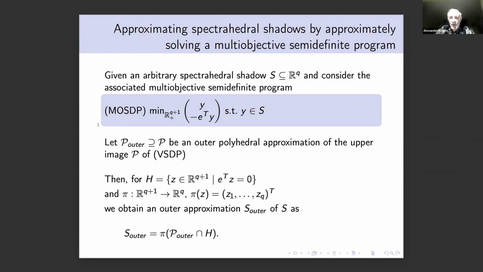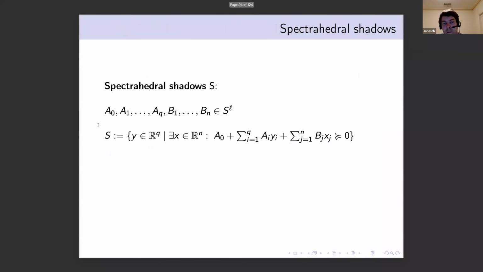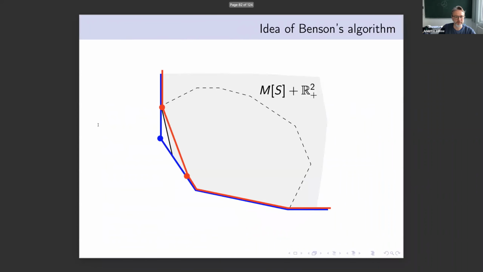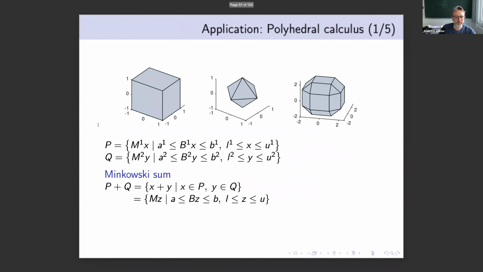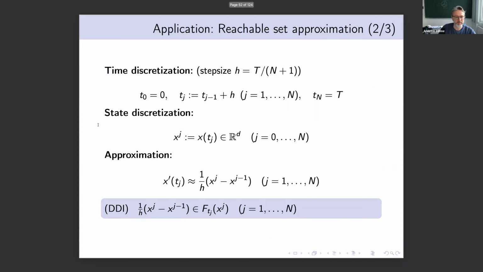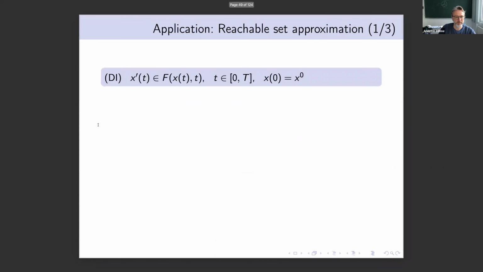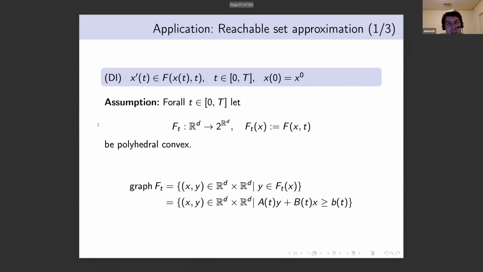More questions, comments, please, Janusz? Yeah, I have one question. Can you go back to the differential inclusions? Sure. So here. Yeah. Okay. I think it was the first slide.